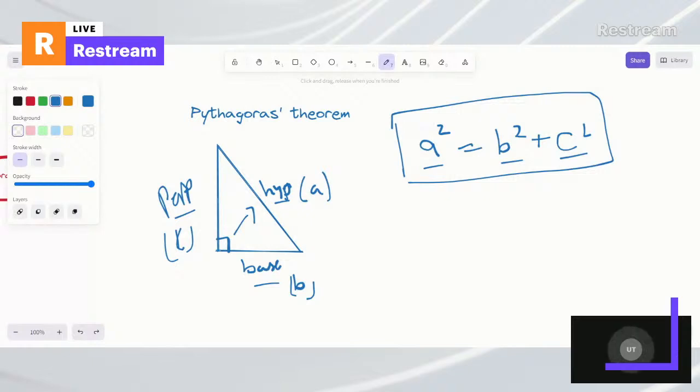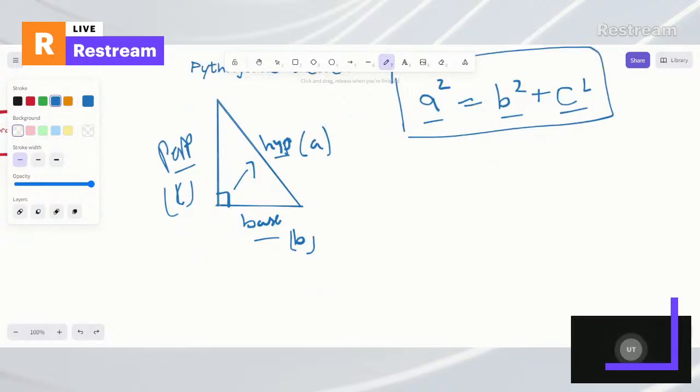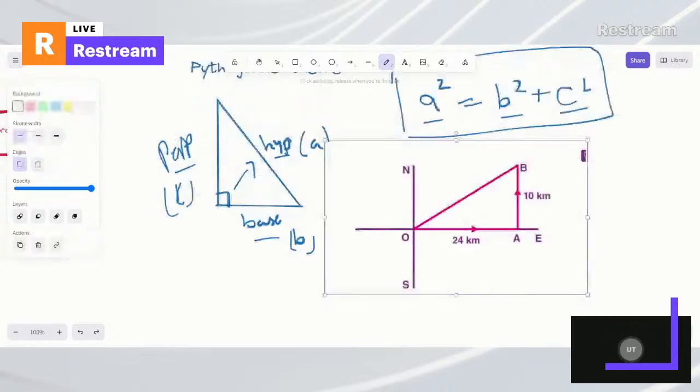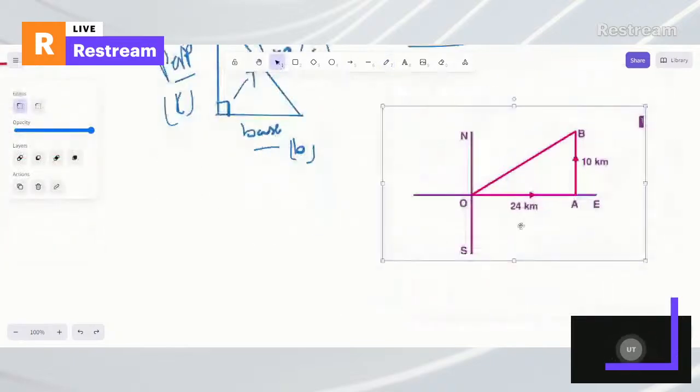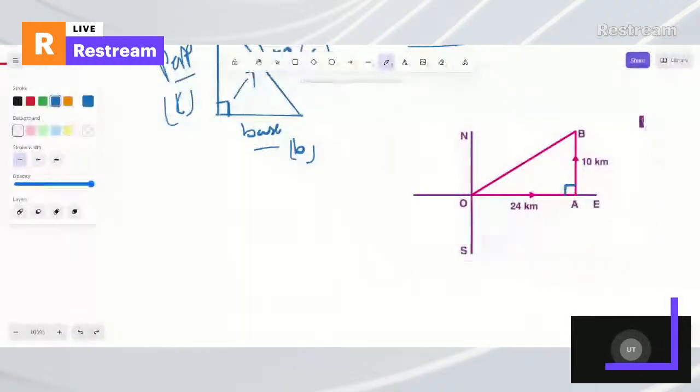Right, so let's do a quick question before we come to a conclusion for this class. Let's consider this question. We have a right angle triangle, right angled at this point. What do we have to find?